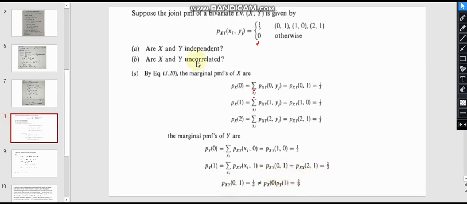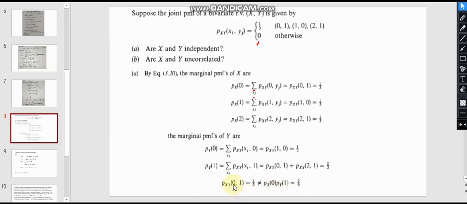Now we have to find whether X and Y are independent. For this case, their joint probability mass function should be the product of their marginal probability mass functions.